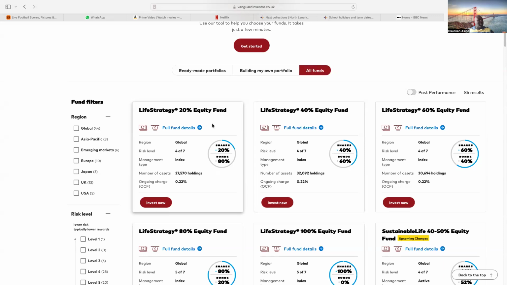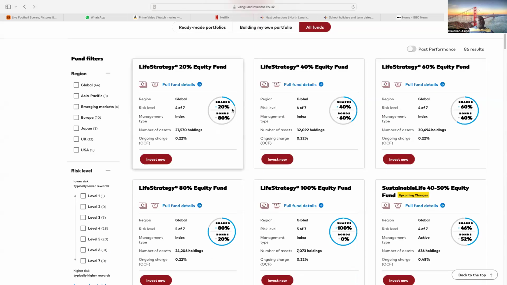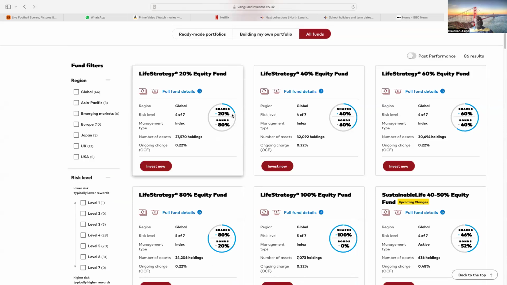Equity are the shares in companies, while bonds tend to be with the government. Shares are more risky compared to bonds, which are less risky. Obviously, the shares make you more money in the long run, but they've got high risk, while the bonds make you less money and they've got low risk. So these are the different funds that are available for investment.